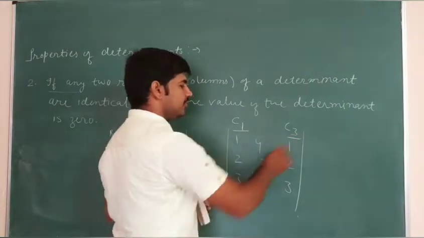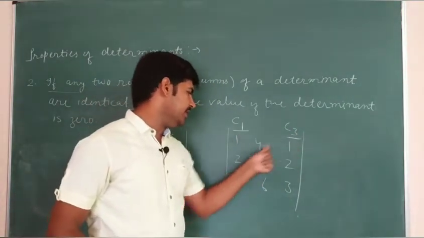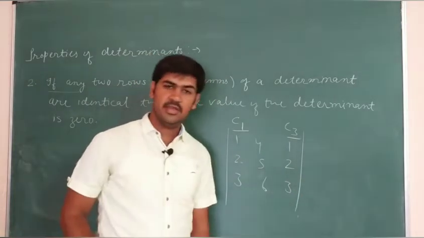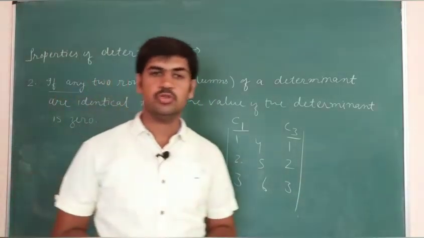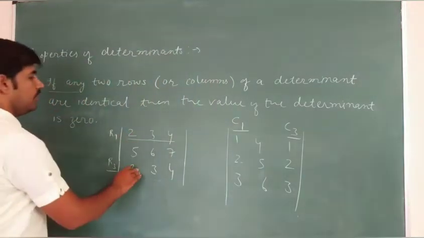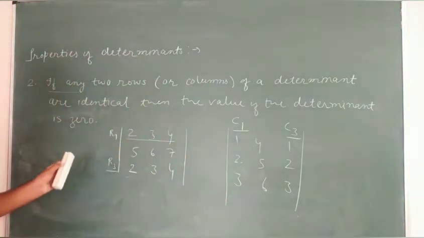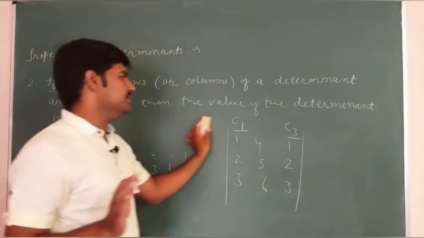The first and third columns of this determinant are identical as the corresponding elements are same. I am sure you understood how two rows or two columns can be identical. So if any two rows or columns of a determinant are identical, then the value of the determinant is 0.